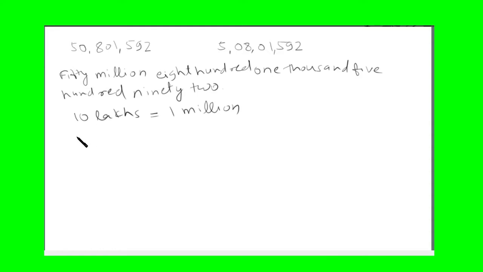And how many millions make 1 crore? So 10 million equal 1 crore. And if there is a number which is larger than a million, then that is named a billion.